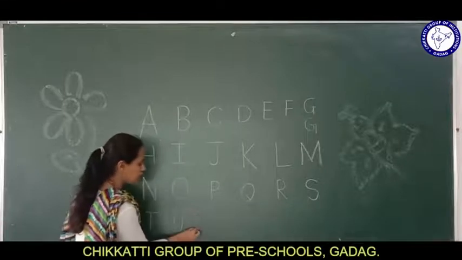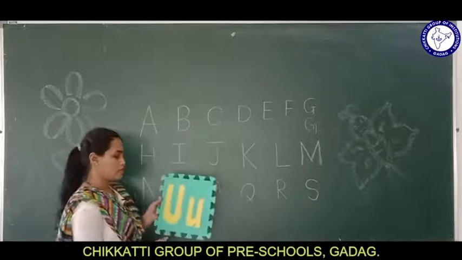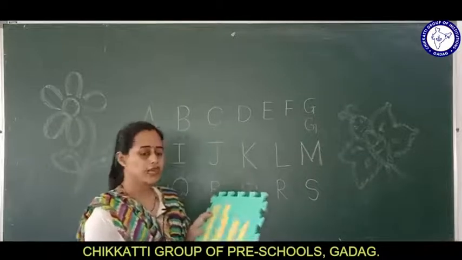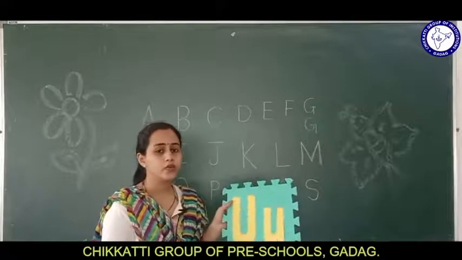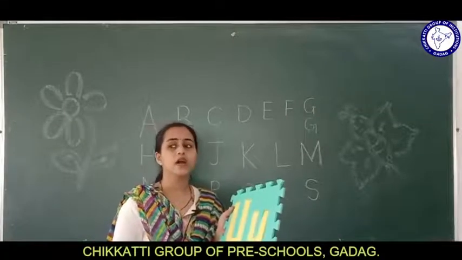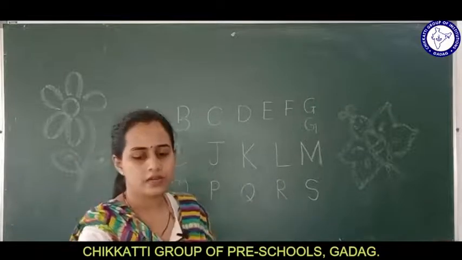Standing, and you can join these curves, right? That also makes it easy to write. So what is this? U. What is the U sound? O.